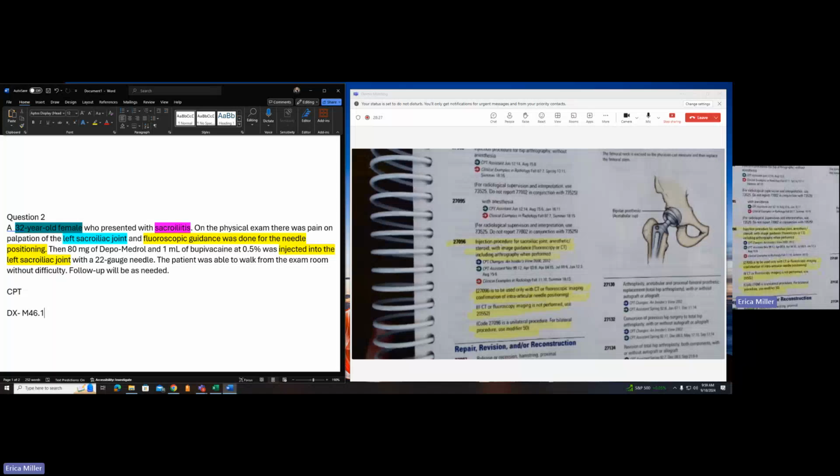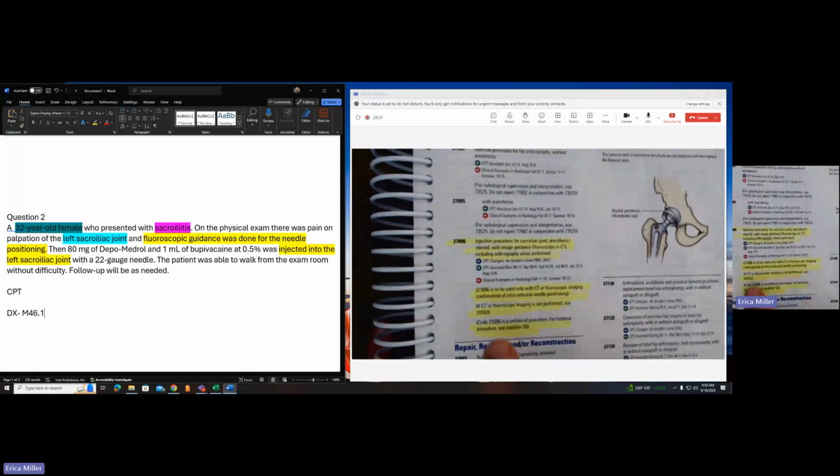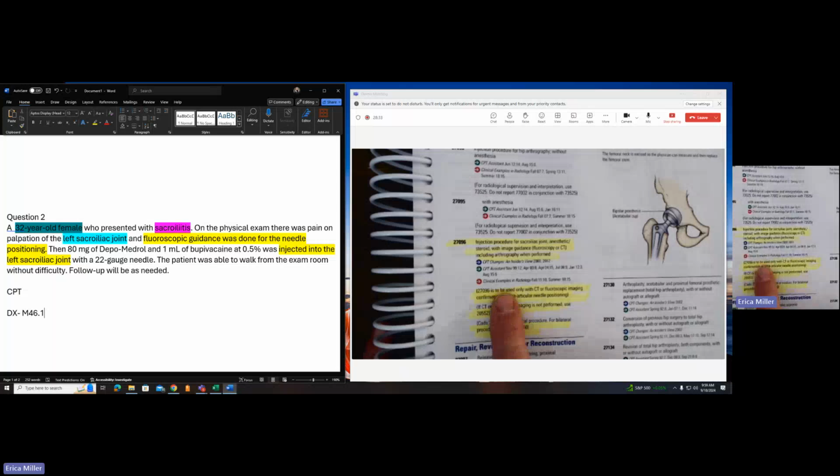All right, so I can see once I get over to my tabular section, there are some parenthetical notes that I want to review. So I'm going to start by reading the code itself. 27096, injection procedure for sacroiliac joint, anesthetic/steroid with image guidance, fluoroscopy or CT. Okay, that covers my fluoroscopy.